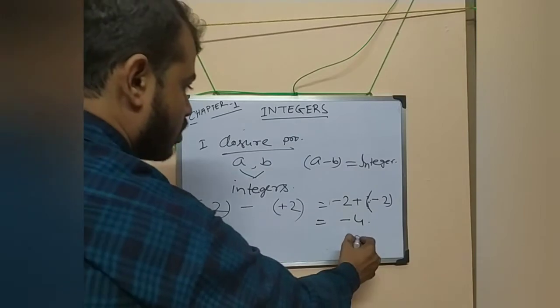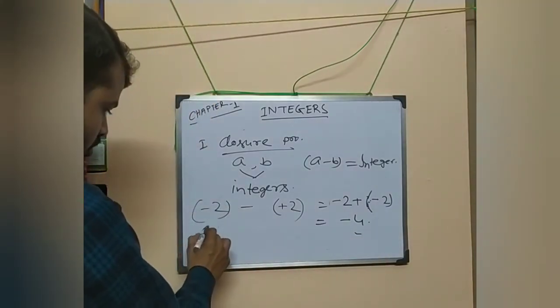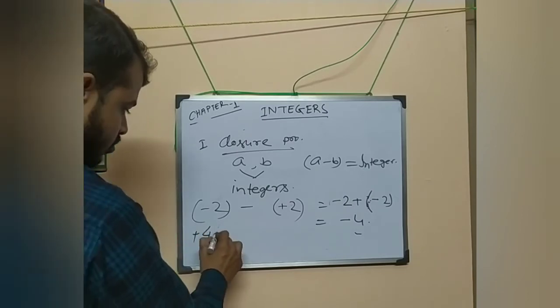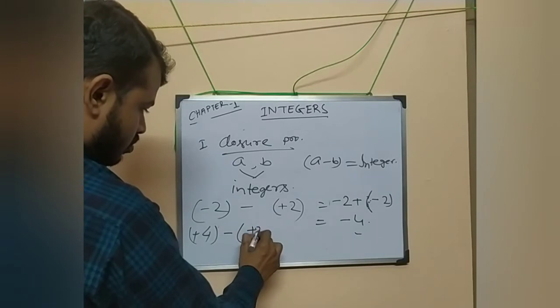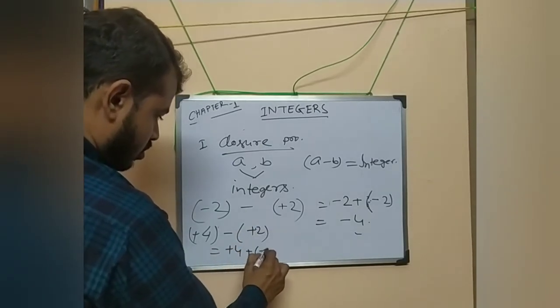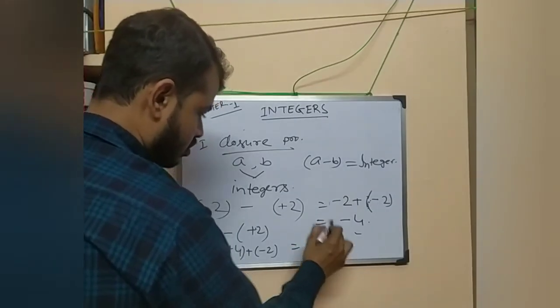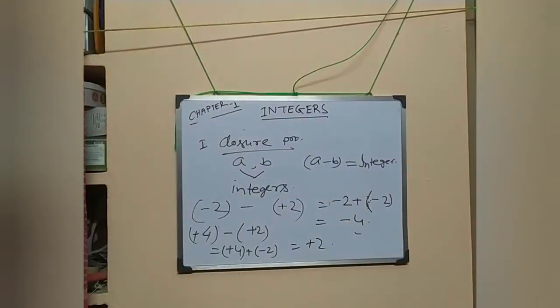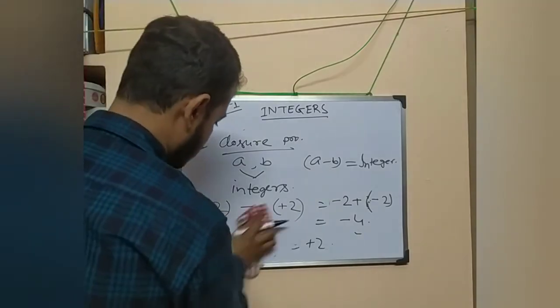This is also an integer. And if we have 4 minus 2, that is plus 4 plus of minus 2, then we have plus 2, which is also an integer. So for any two integers, the difference between them is also an integer.